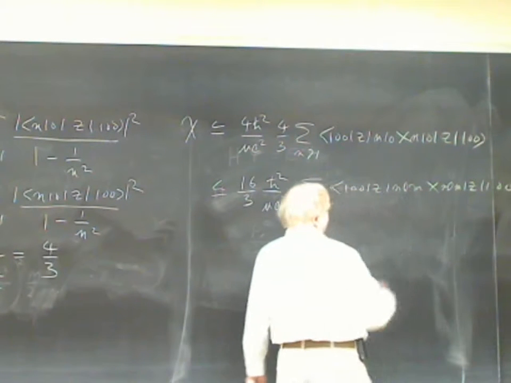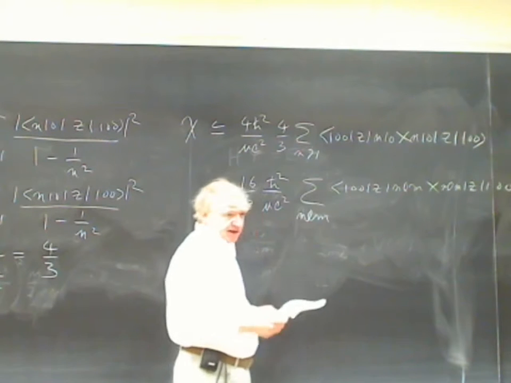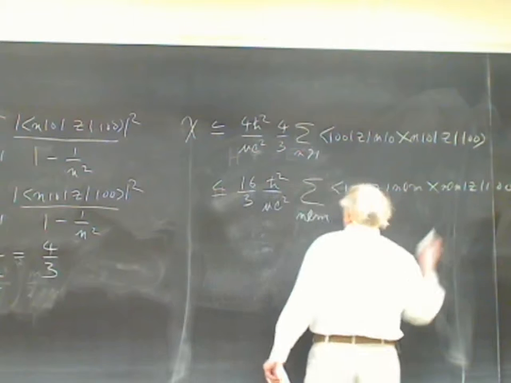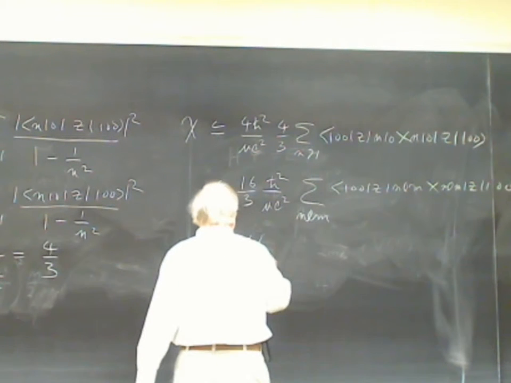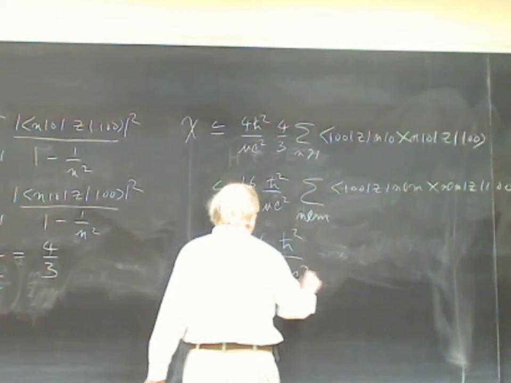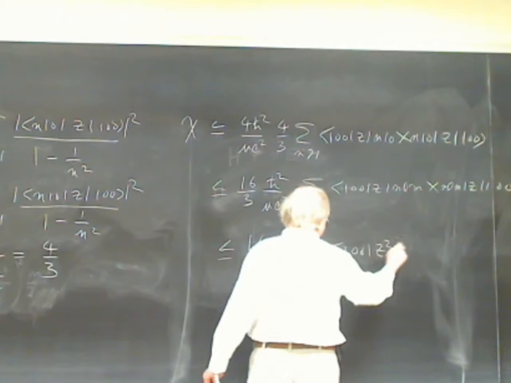And all these terms are positive because they're just the absolute value squared of <1 0 0|z|n L m>. But now this is the identity operator. So this is less than or equal to 16 over 3 h bar squared over mu e squared <1 0 0|z squared|1 0 0>.